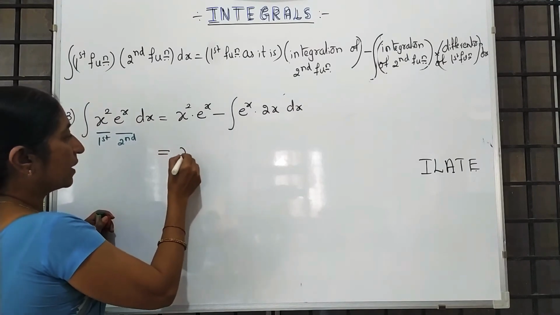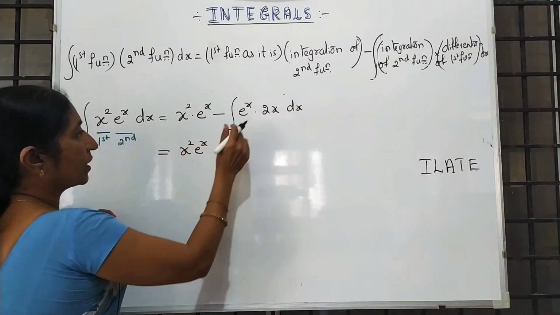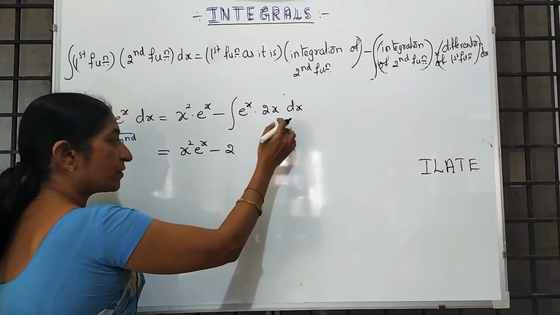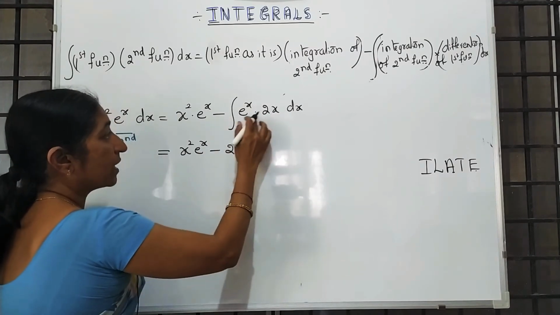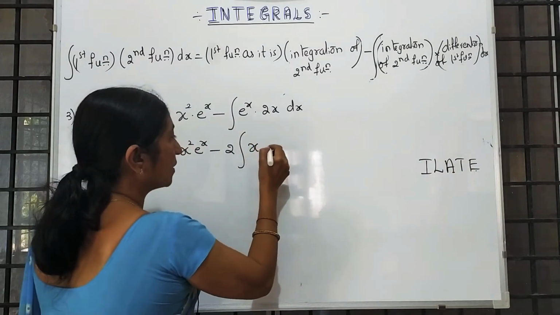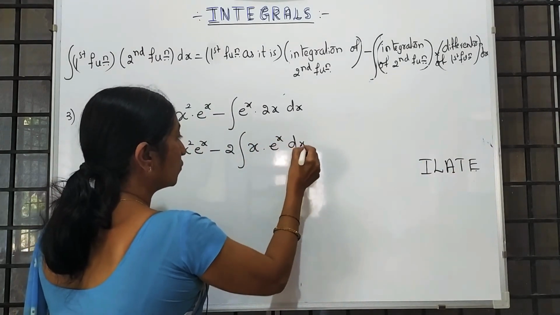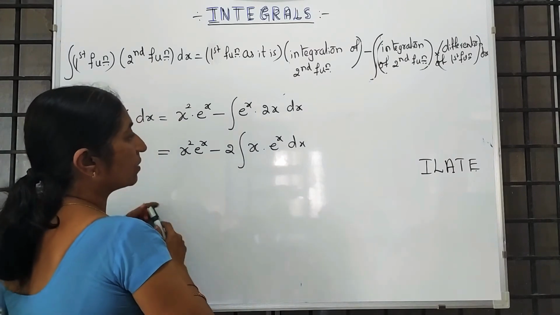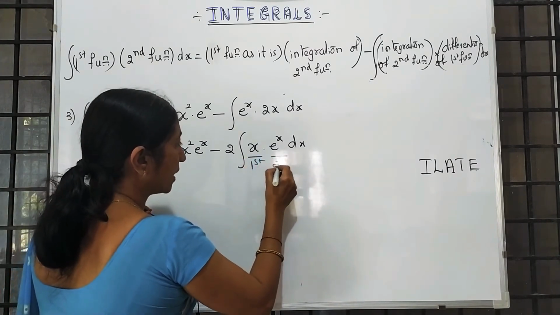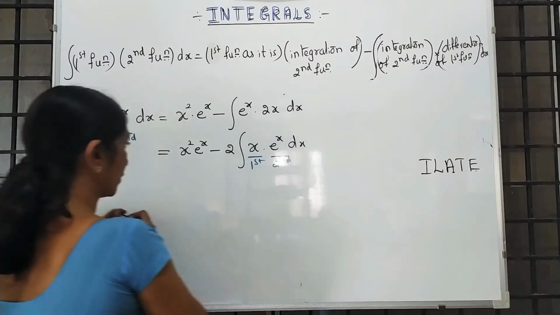So, this is x square into e raised to x, here 2 is a constant. Again we have two terms, so again rearrange them according to the rule. First algebraic, then exponential. So again we have two functions. Let us take algebraic as the first function, and exponential as the second function.